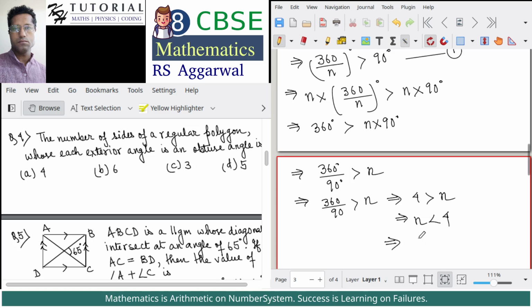So this implies n has to be equal to 3. And hence the correct choice is C.